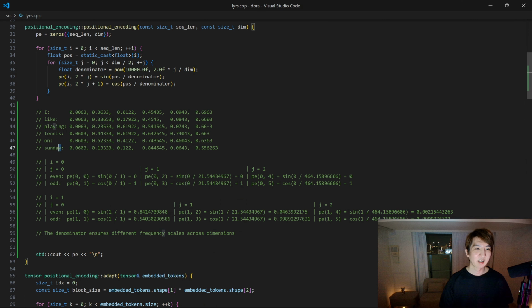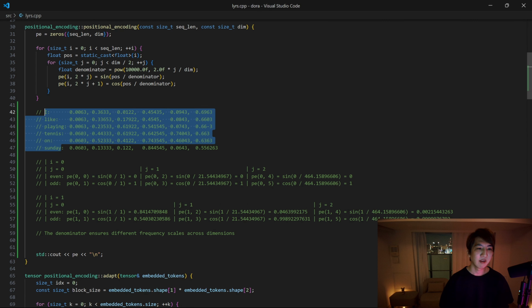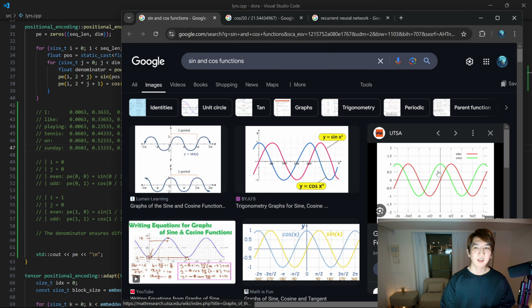And for this example I used a sequence length of 6. If the sequence length was like 100, we would have sine and cosine functions with more frequencies and shorter wavelengths.